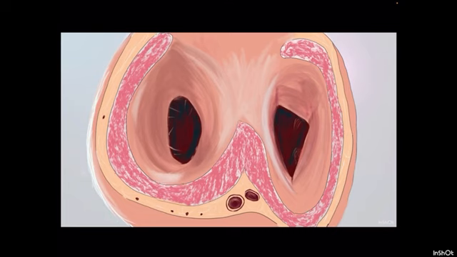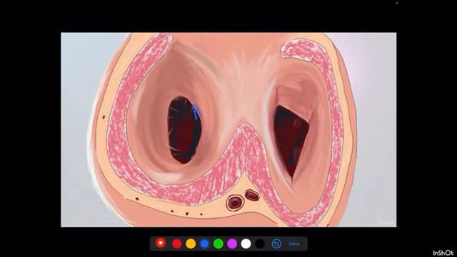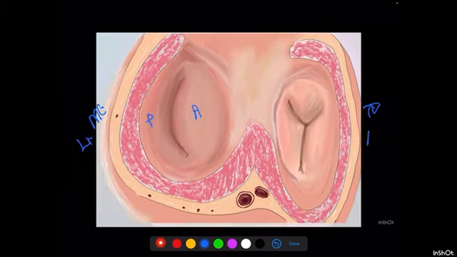Now, this is the appearance of mitral and tricuspid valve when you see from the atrial side. This is the anterior cusp of mitral valve, posterior cusp of mitral valve. This is mitral valve, left side. This is tricuspid valve, right side.